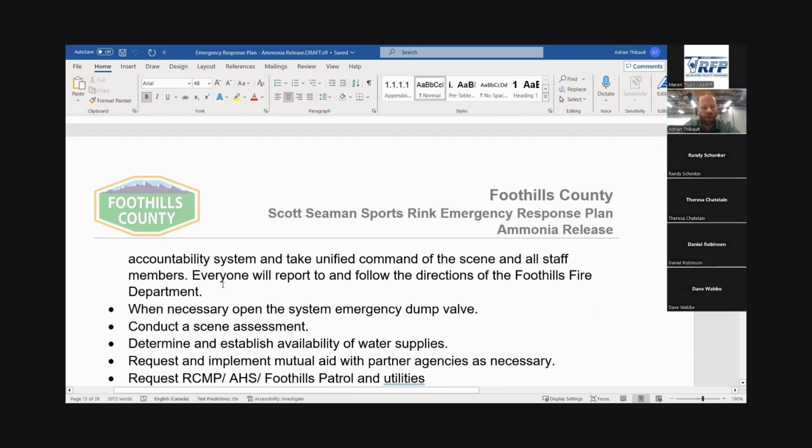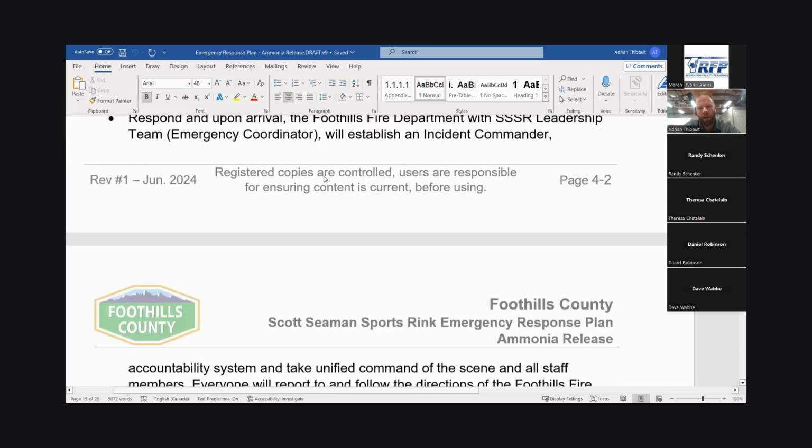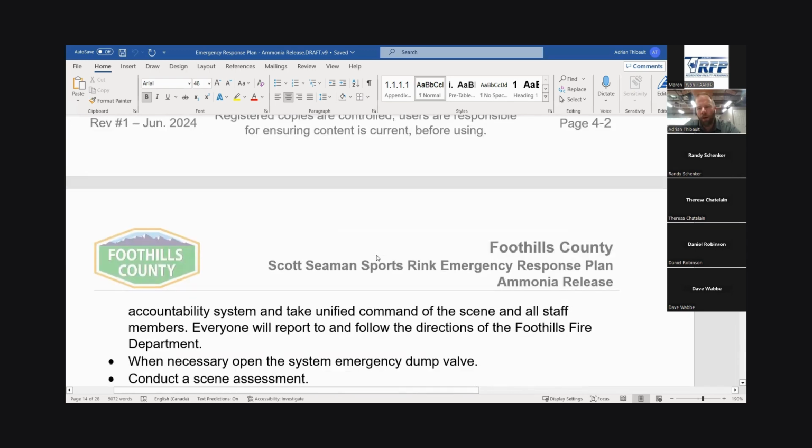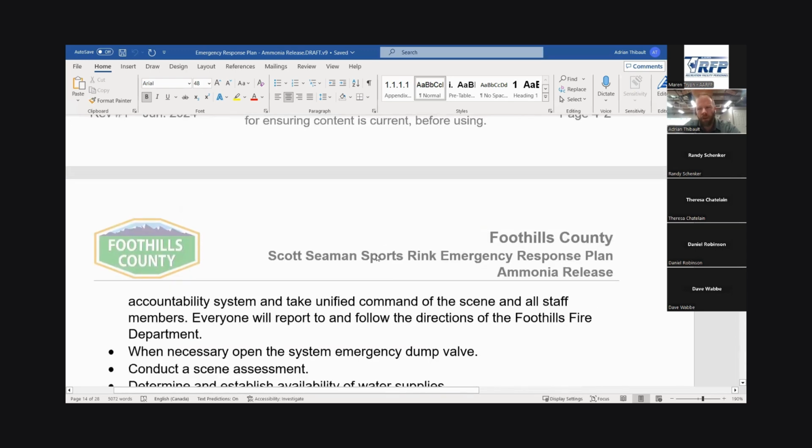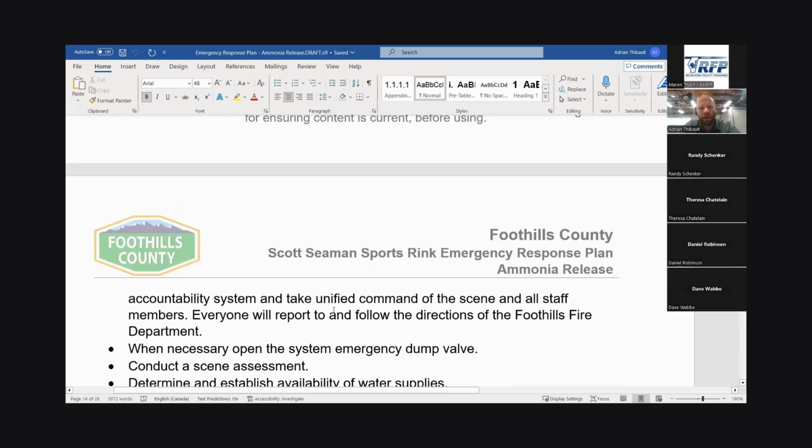All staff members, everyone will report to and follow the directions of the Foothills Fire Department. So that's your basic ICS 100 sort of stuff. You're going to have an incident commander, probably the fire chief or someone that's high-ranking in the fire department, and then you're going to coordinate through them once they're on site.